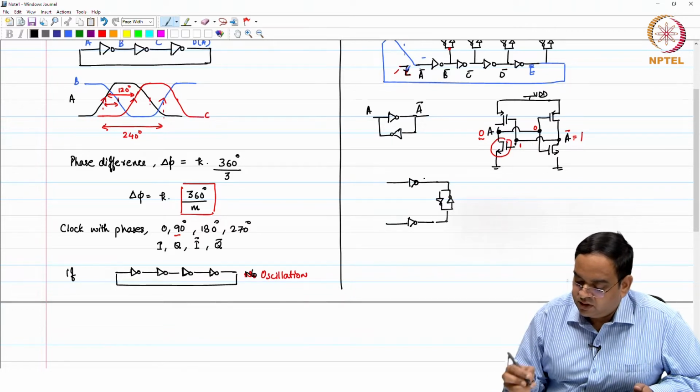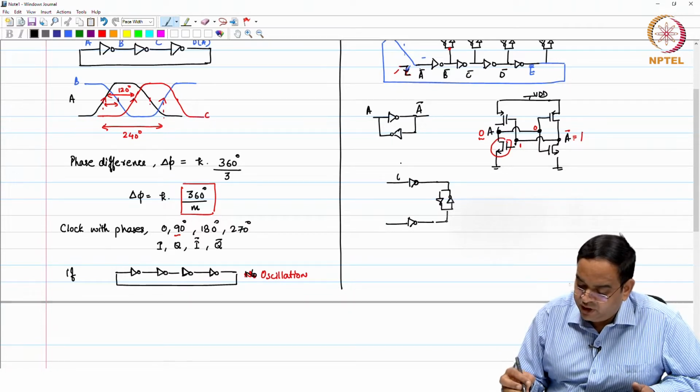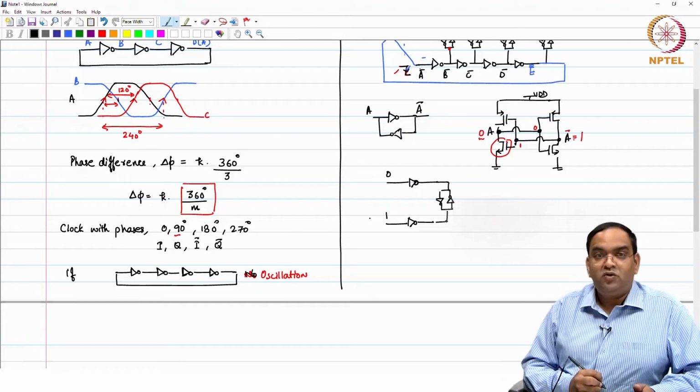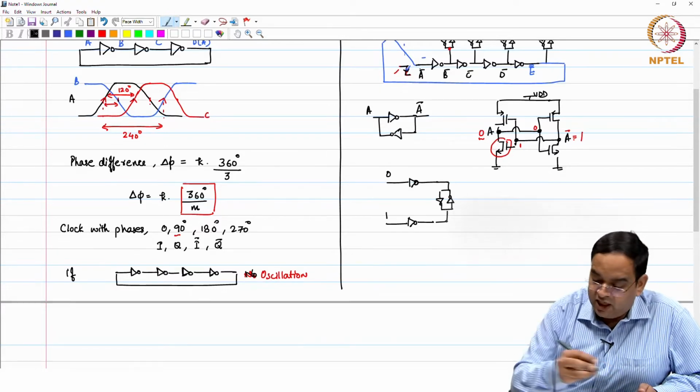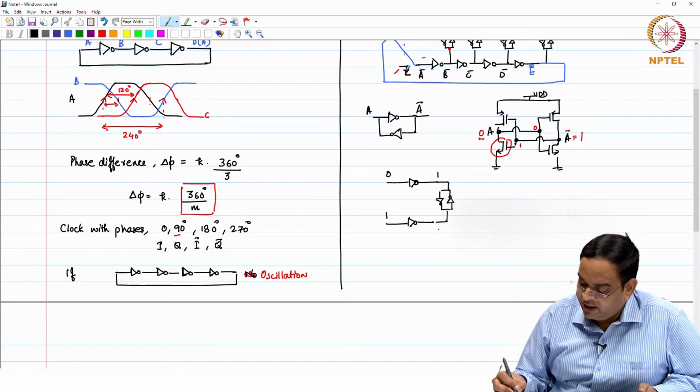So, consider that the first input here is 0 and here the input is 1. 1 is for logic high. If this is 0 and this is 1, then the output of the inverters will be 1 and 0.